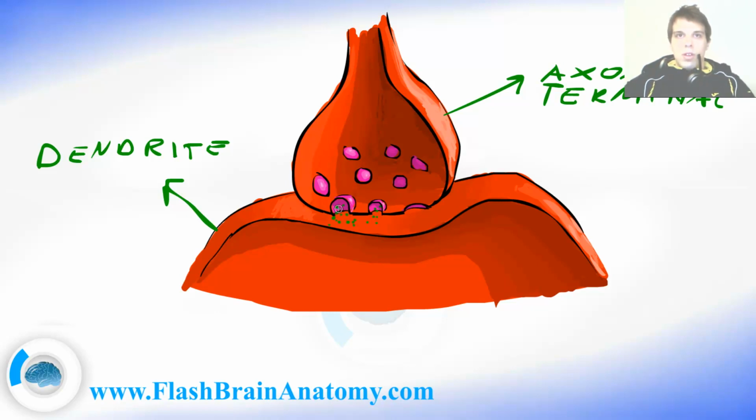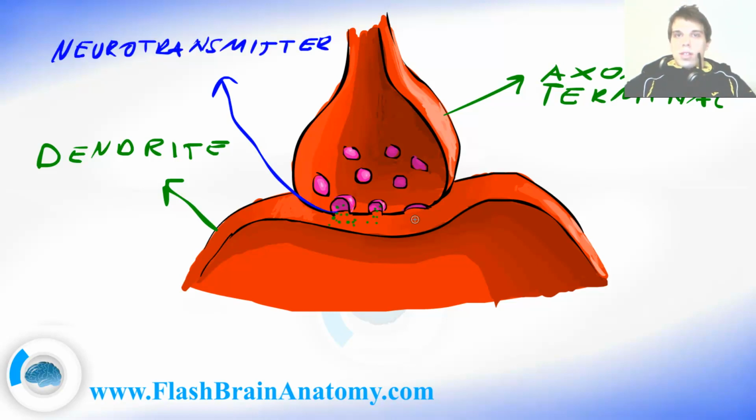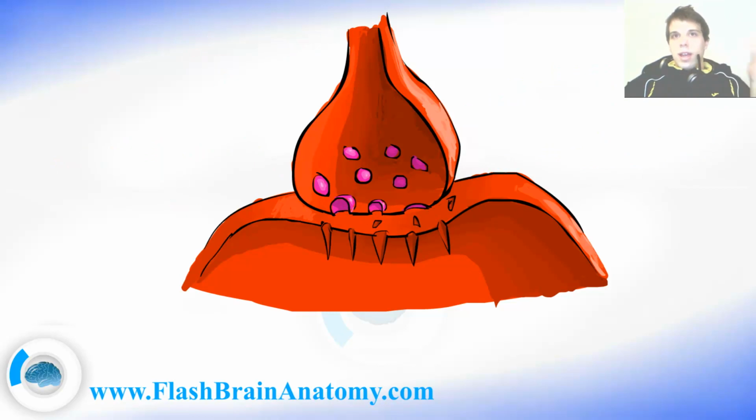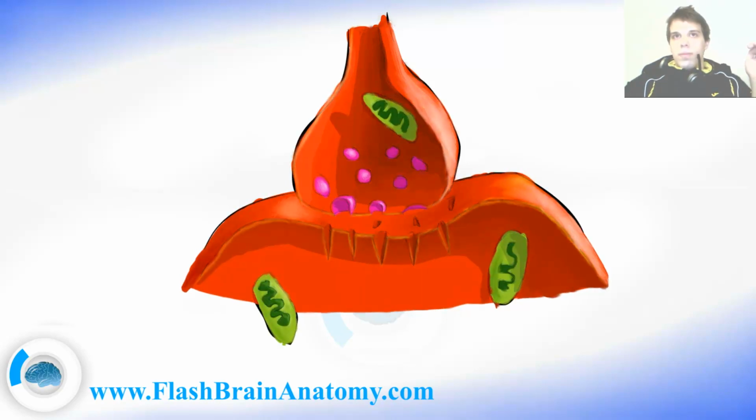This over here was the neurotransmitter, and this space between the axon terminal and dendrite is the synaptic cleft. In the axon and dendrite terminal, you can very often find the mitochondria, which produce the energy for the cell.